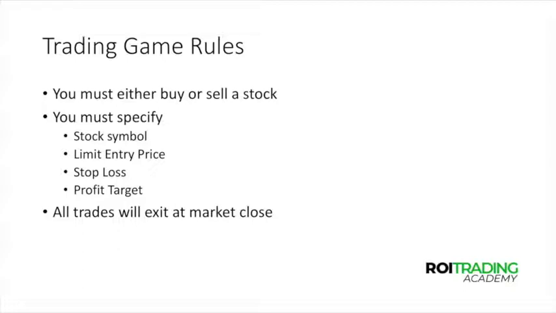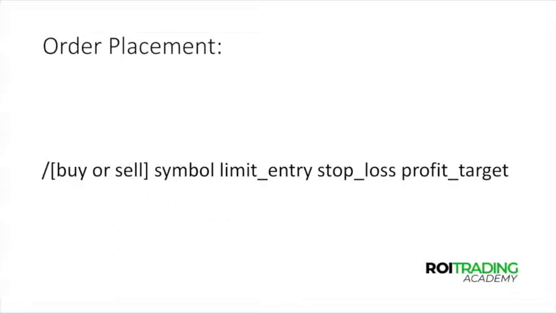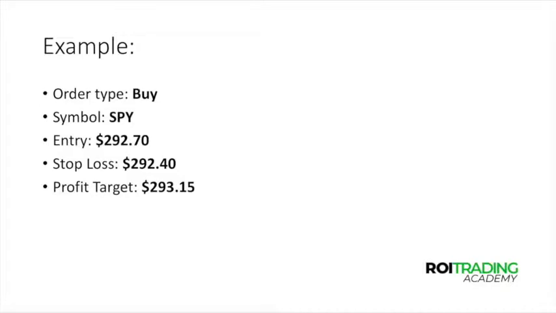To actually place the trade, we simply go to Slack and use a slash command. The arguments of that slash command is simply buy, or sell if I want to short, followed by the symbol, followed by the limit entry, then the stop loss, and then the profit target. In our example, I want to buy the symbol SPY at $292.70.